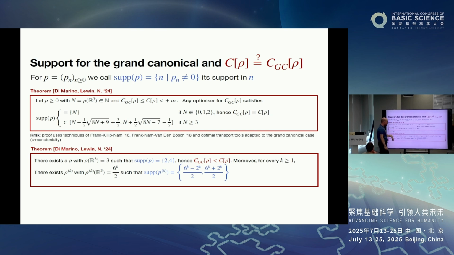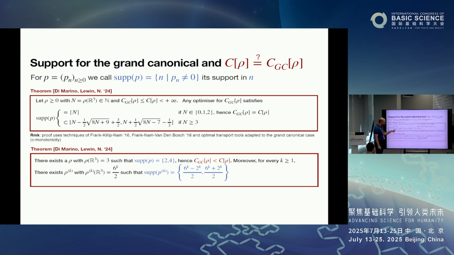What we can prove is that any optimizer of the grand canonical problem has this kind of support: the support is exactly one capital N in the case when n is equal to 0, 1, or 2. So now I take a rho which has an integer mass, and this is the way I compare the two.